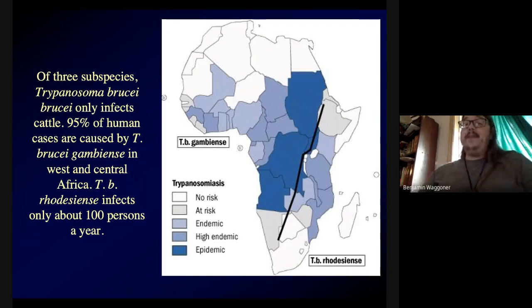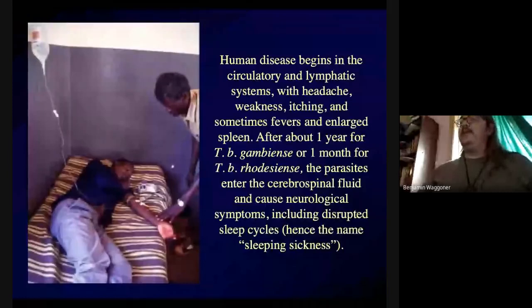So you get this by being bitten by a tsetse fly. The first sign of infection is an ulcer that develops around the site of the bite. It's called a canker. And when the parasites have been injected into your circulatory system, you start getting symptoms.